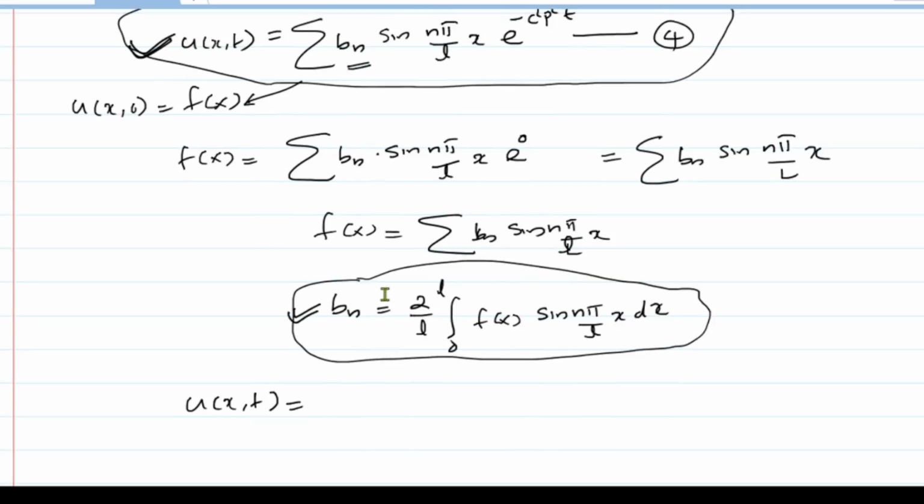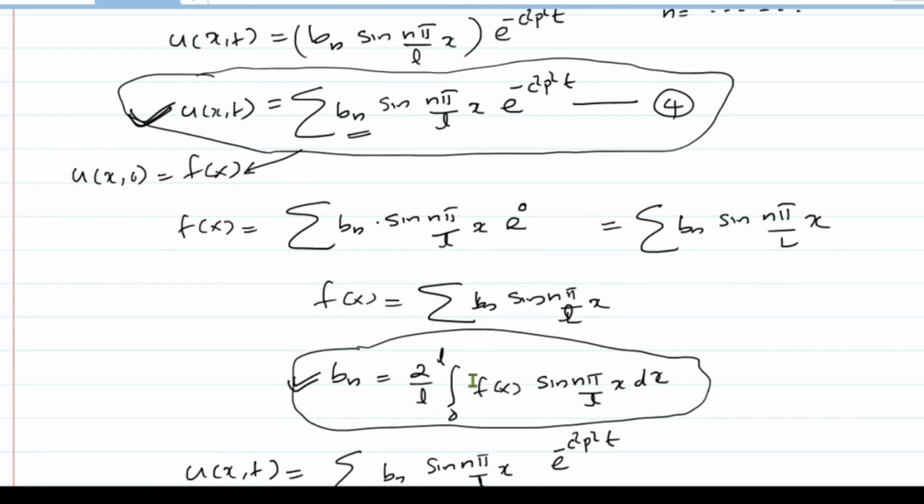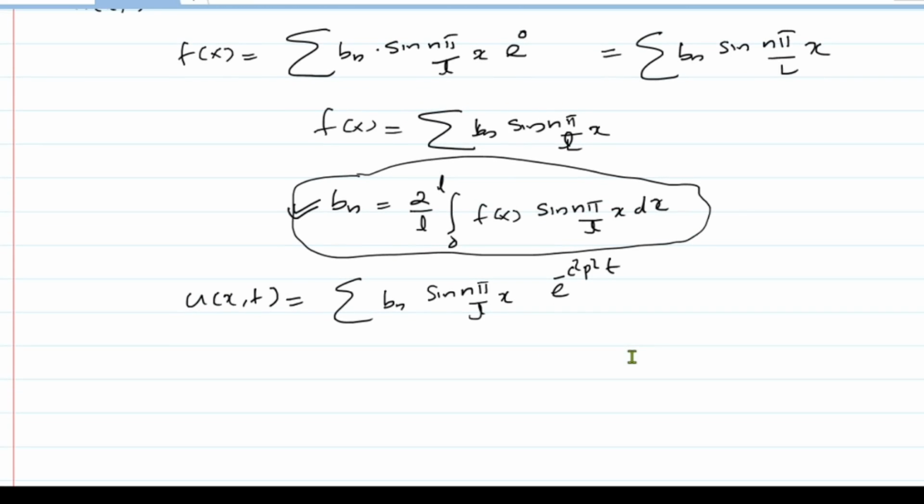So u(x,t) = sum of bn sin(nπx/L) e^(-c²p²t), this is equation number 4, where bn = (2/L) ∫ from 0 to L of f(x) sin(nπx/L) dx.